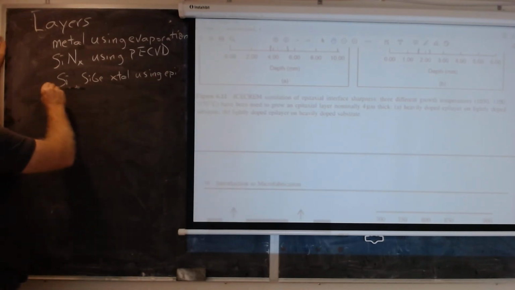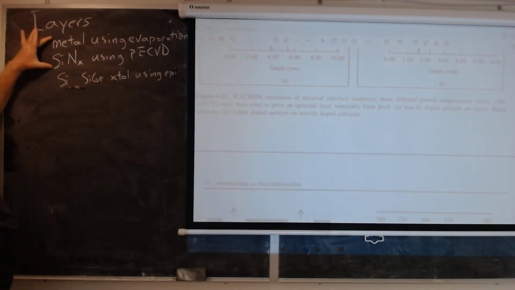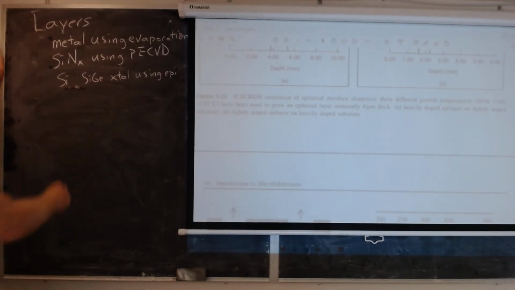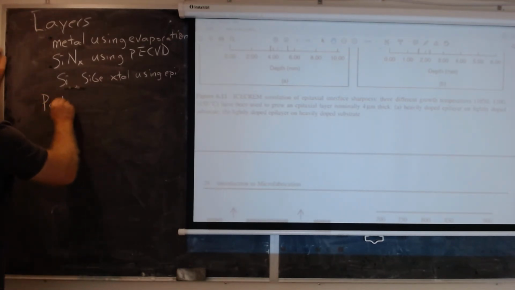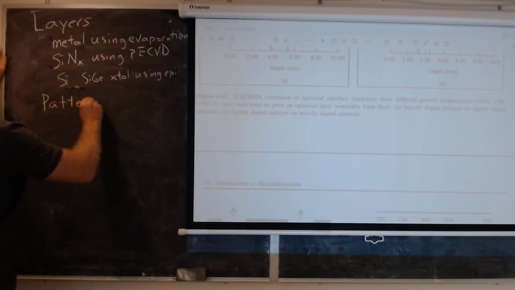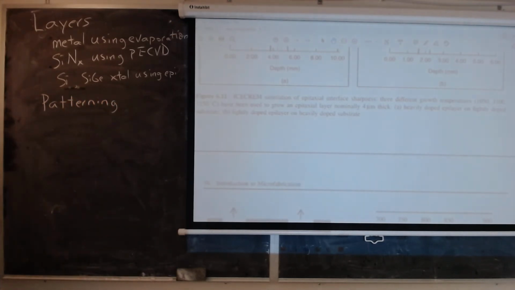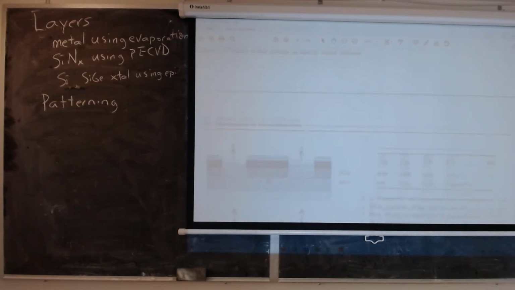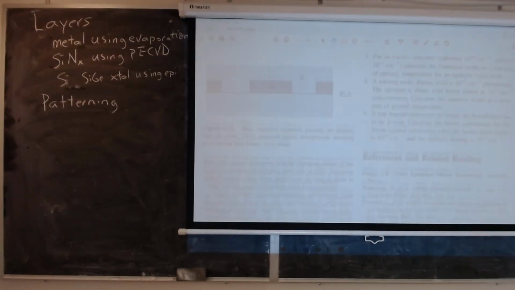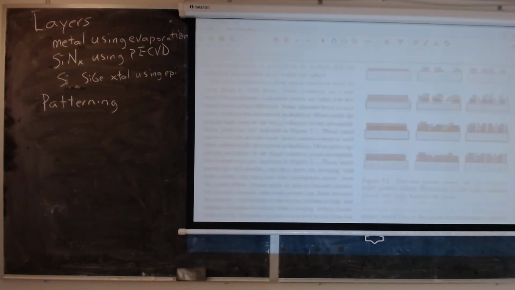So these are amorphous or polycrystalline. And now we want to do patterning. Okay, and so the first thing that we're going to cover with patterning is essentially e-beam lithography, because that's how you start basically.